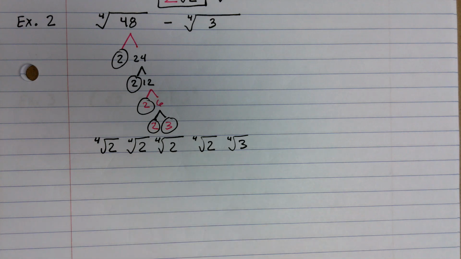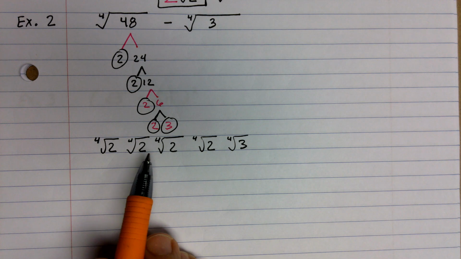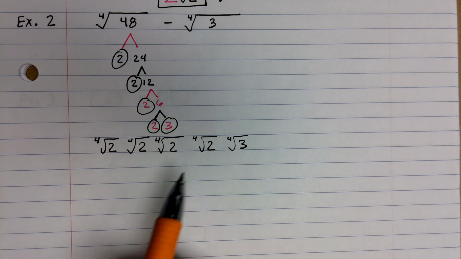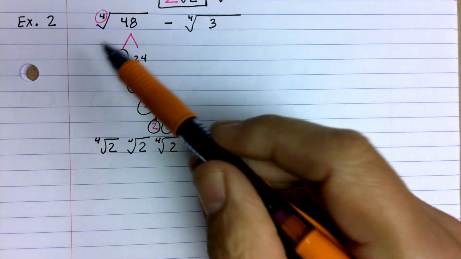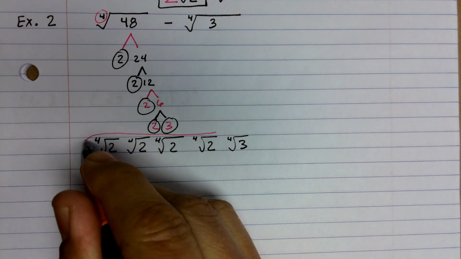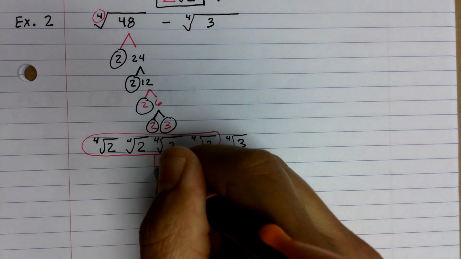Now that we've gotten this far, remember that the index indicates how many of these radicals we have to have multiplied to themselves to become the radicand, the number that's on the inside. And since our index is 4, I'm going to circle it up here. We have an index of 4. For every 4 roots of 2, it's just going to turn into 2.